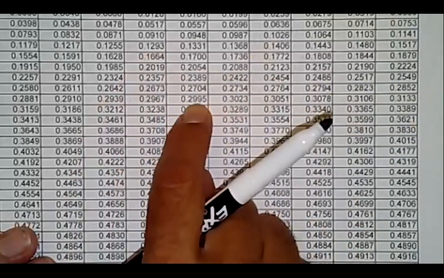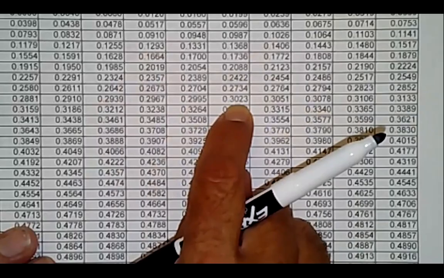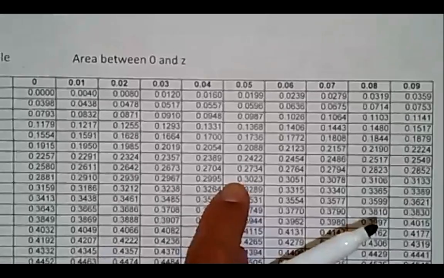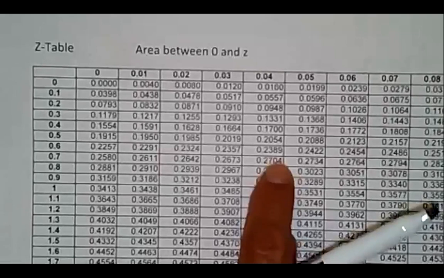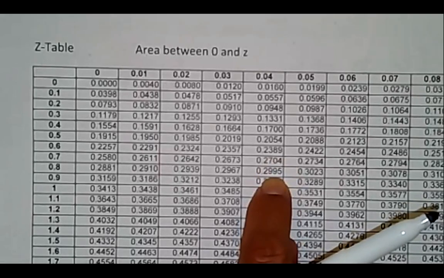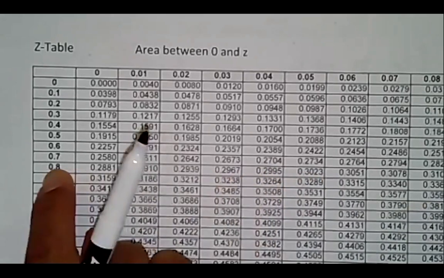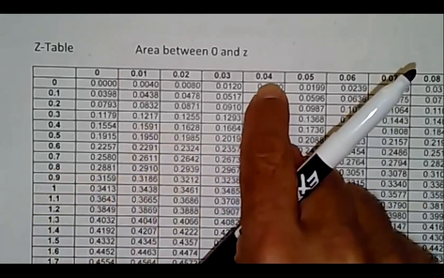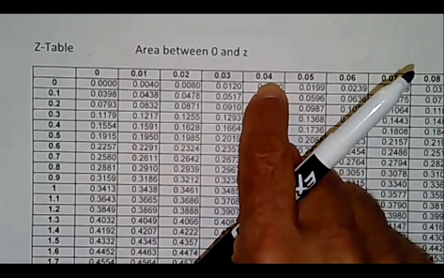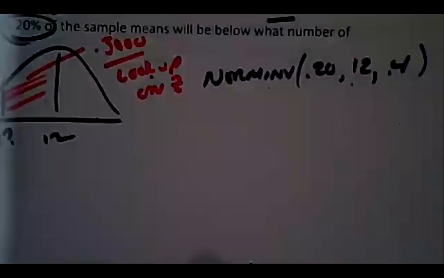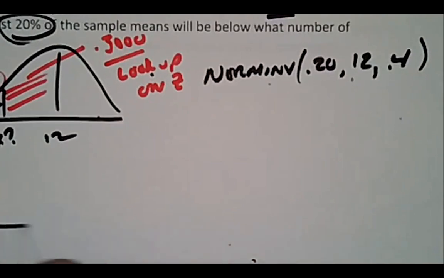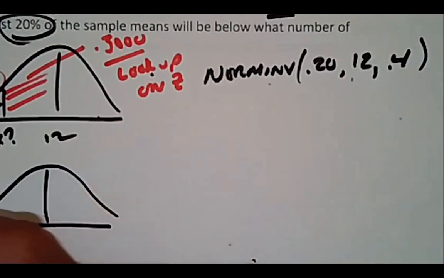Up here is 2995 and 3023, which is closer? This one. So that's 0.84. So on my Z table, this is 0, this is 0.84. It's to the left, so it's negative 0.84.